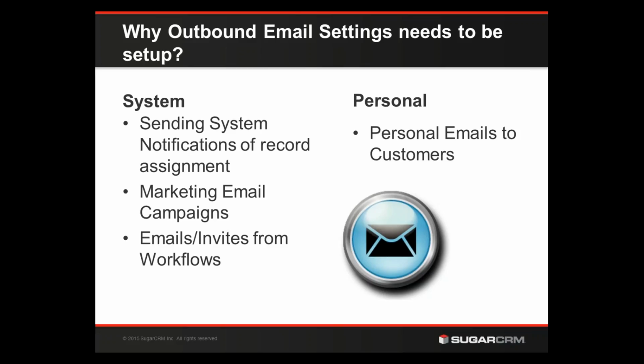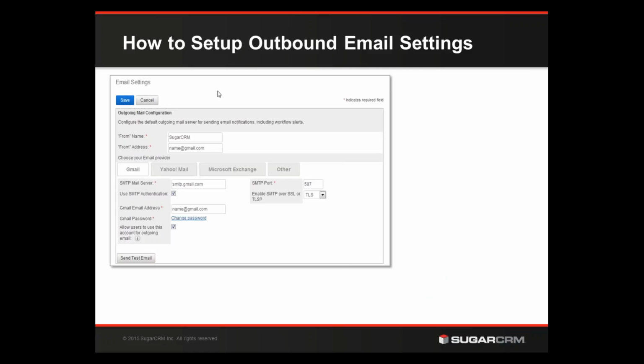Let me say that again. Sugar is not a mail server. Outbound email needs to be set up, it's called email settings on the admin page, through your mail server, okay? It relays information to your mail server for outgoing email, and then it always comes from your email.